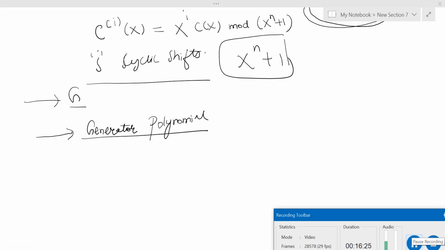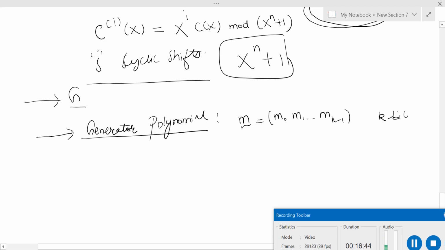Before I discuss the generator polynomial, let's first take a message. If you remember, last time we represented the message vector m, which had the components m0, m1, up to mk minus 1. This is a k bit message, right?